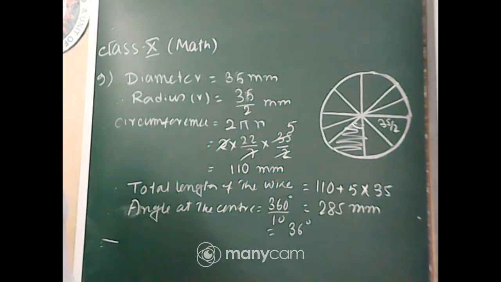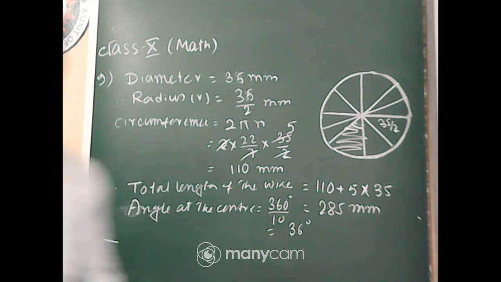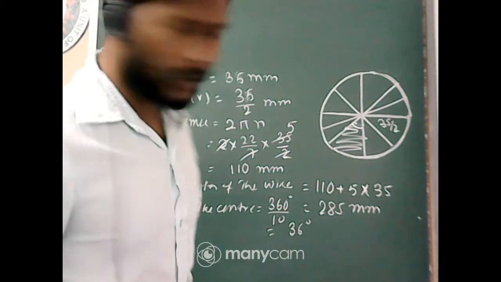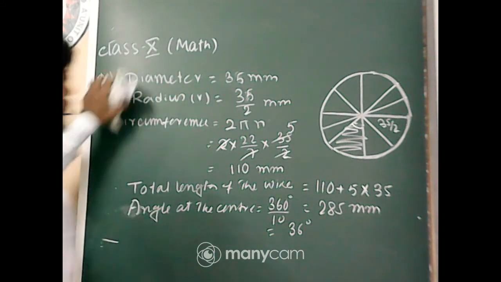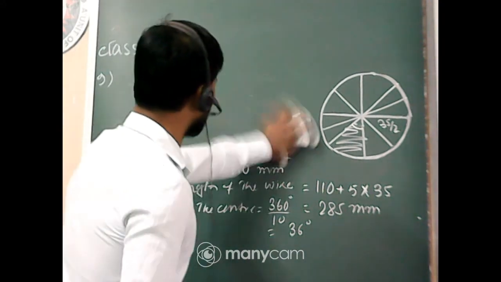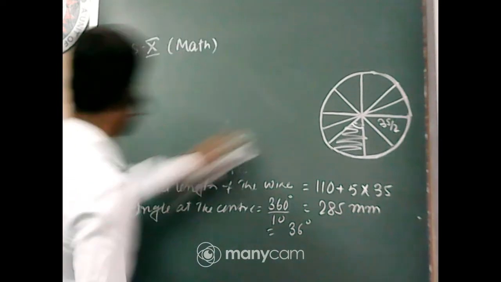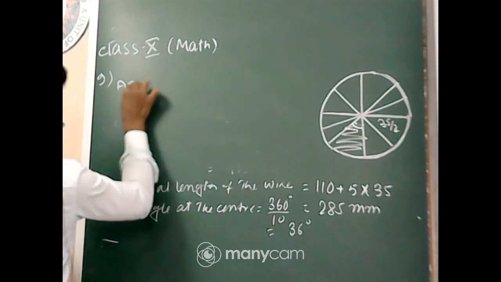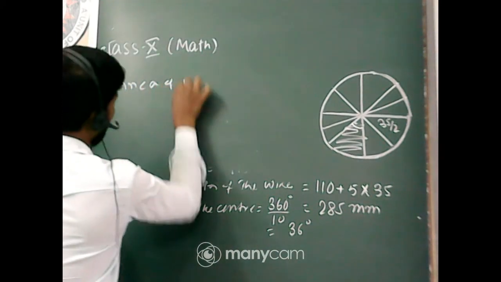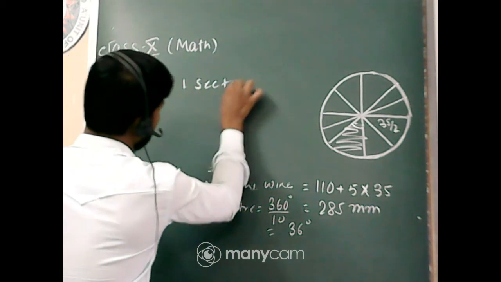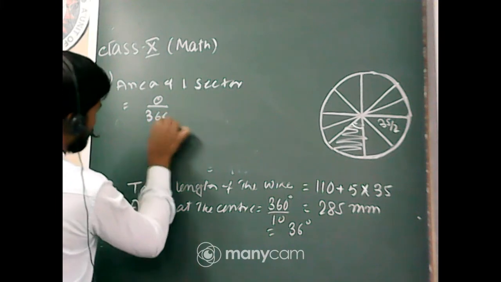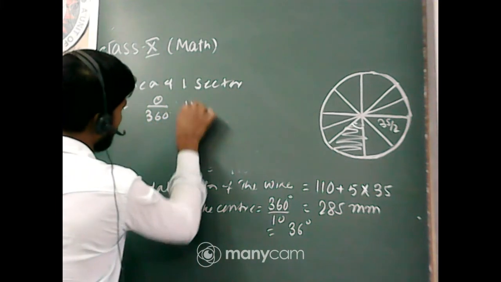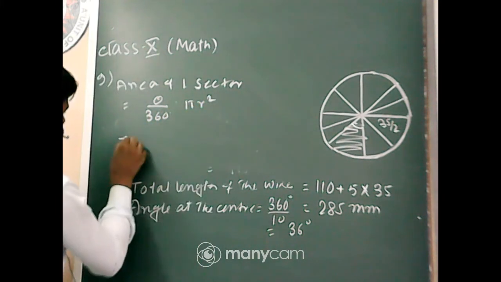So the central angle is known, the radius is known. Quickly find out the area of one sector by using the formula theta by 360 into pi r square. Put the value.